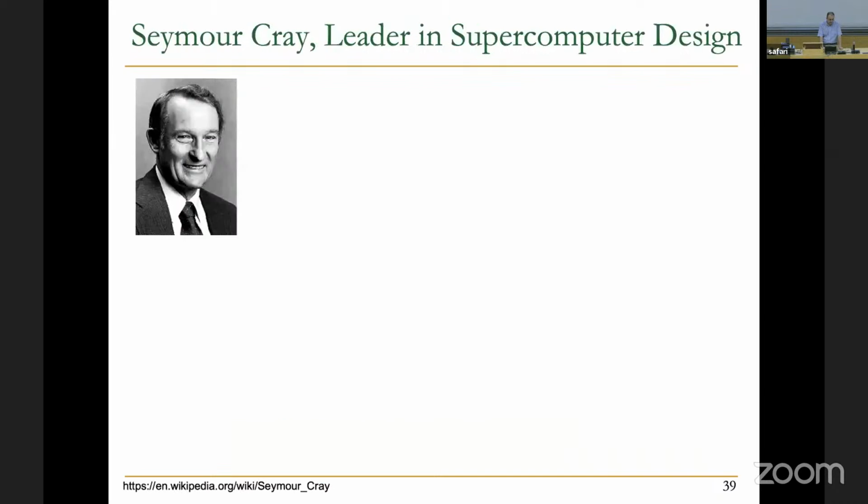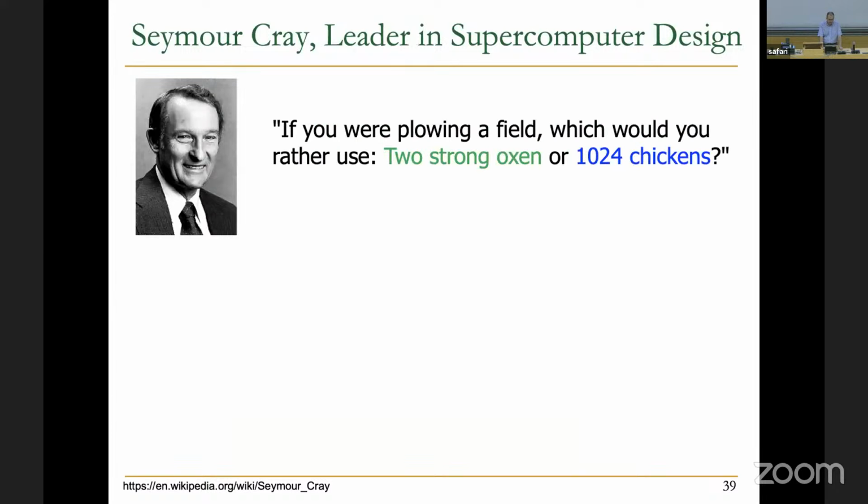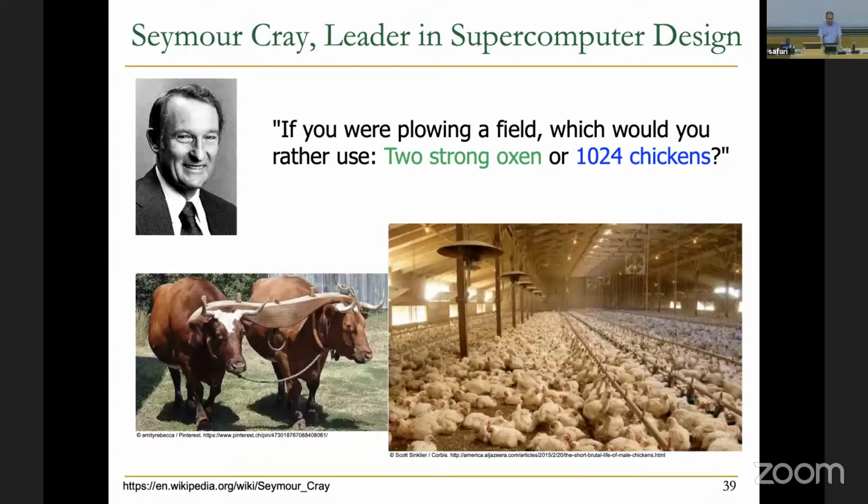Okay, and this is Seymour Cray, basically a leader in supercomputer design. He made a nice analogy: if you were plowing a field, which would you rather use, two strong oxen or thousands of chickens? That's exactly what this means. Sometimes we use a few powerful cores, like the Intel Xeon processors that we use in servers.